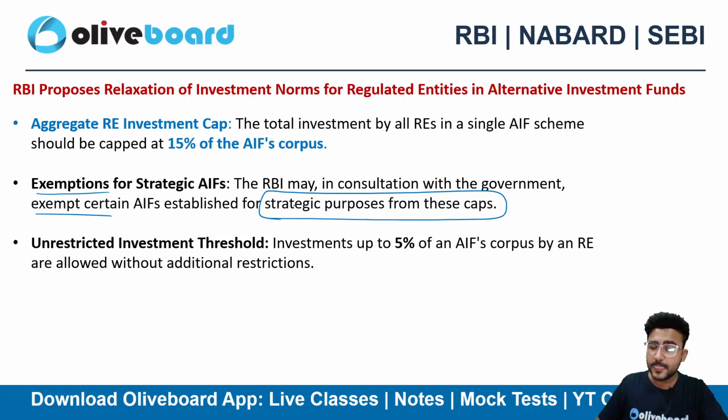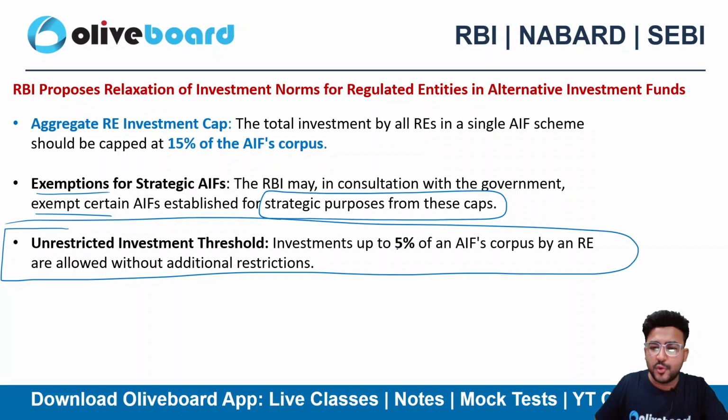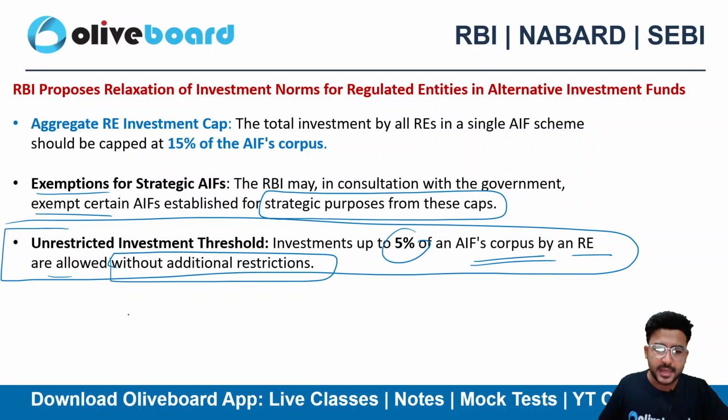Okay. One more important thing, the unrestricted investment threshold. Investment up to 5% of the AIF corpus by a regulated entity is allowed without any additional restrictions. What do you mean by this? Let's suppose a regulated entity has invested 5 crore in an AIF. The AIF corpus is 100 crore.